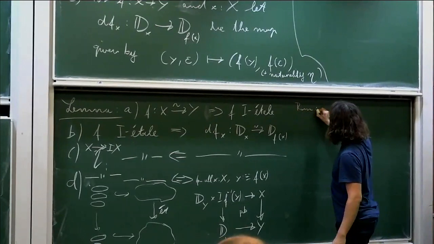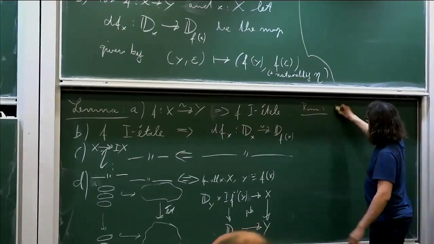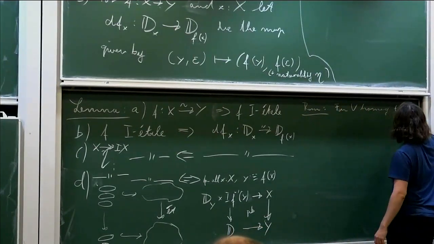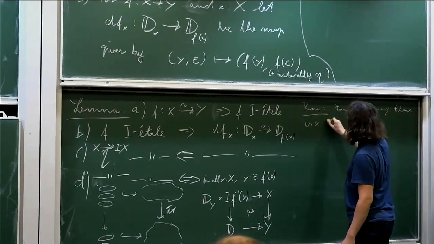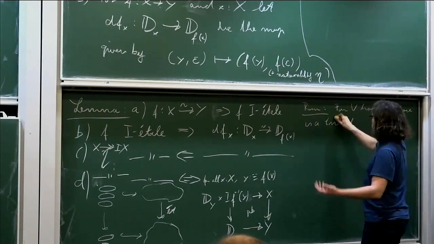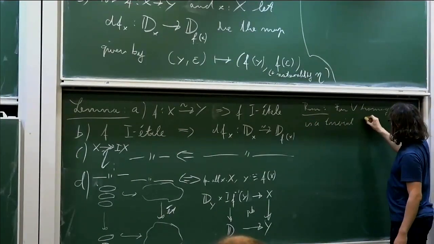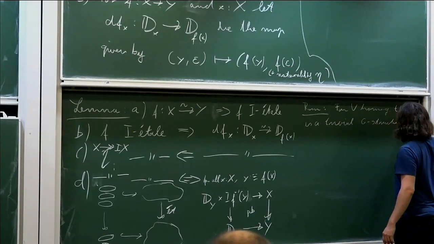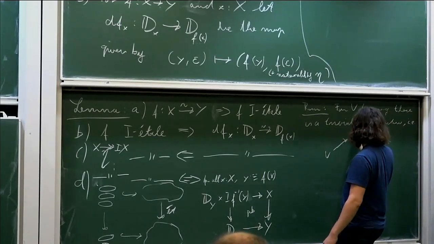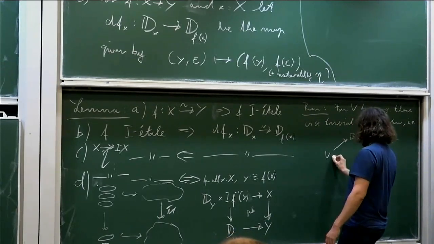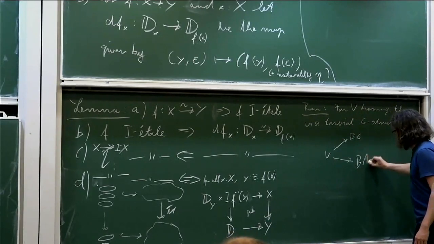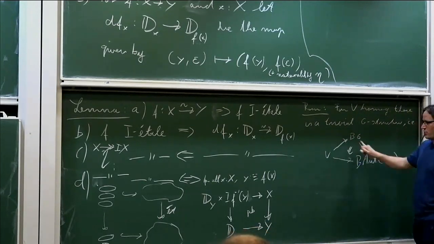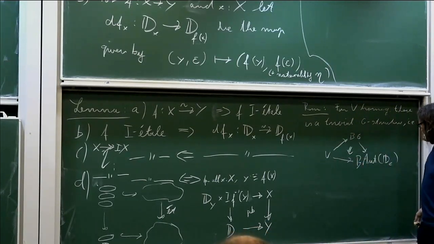So, remark: for V homogeneous again, a trivial G structure, so it's just a name here, means you have some triangle like this, with some pointwise equality in here.